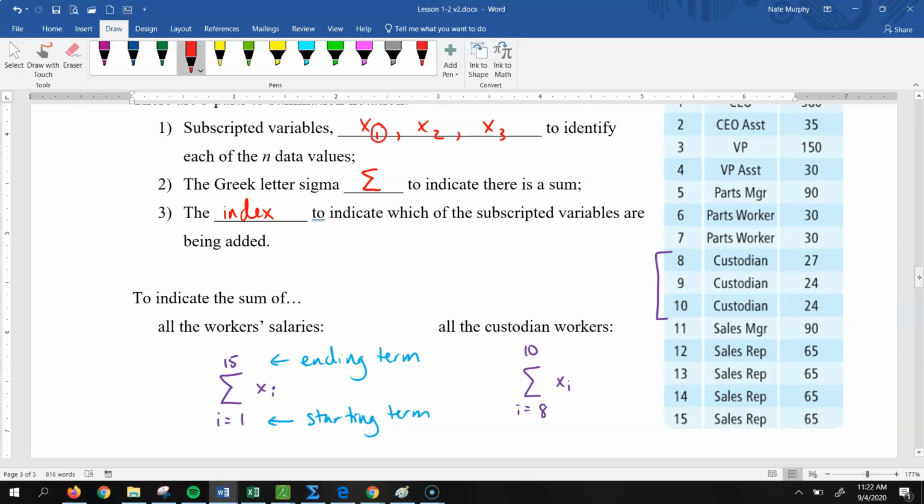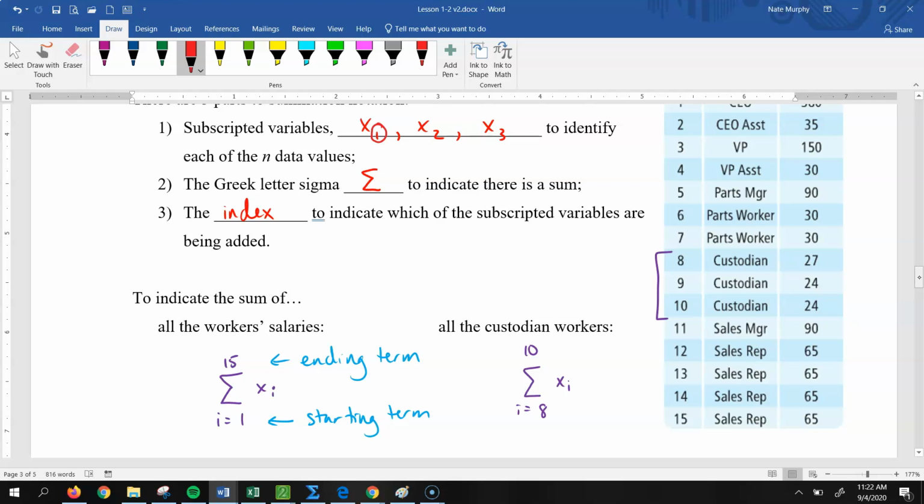Okay, so we usually use i or n to represent the index. So this is saying that the index, we're starting with the first term, and we're going to end with, so at the top there, that tells us where we're going to end at. We're going to end with the 15th term. Now over on the right there, it just says x sub i. That just means that we're just going to take each of those values and add them together.